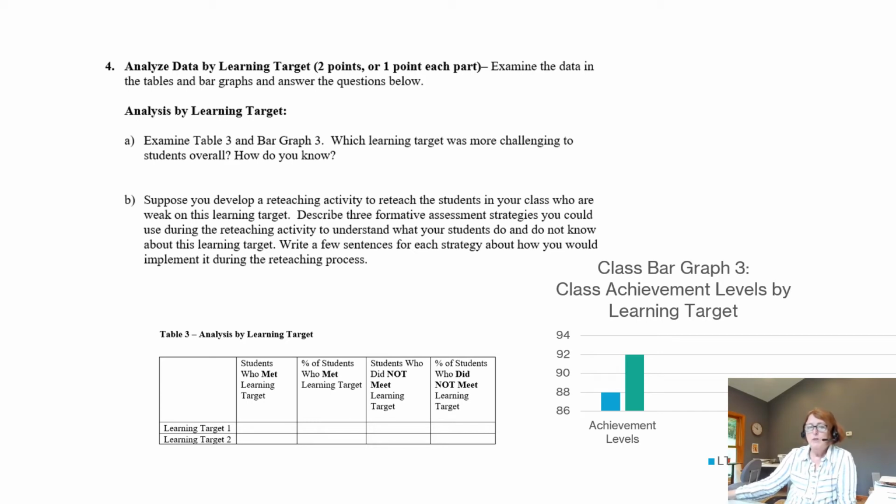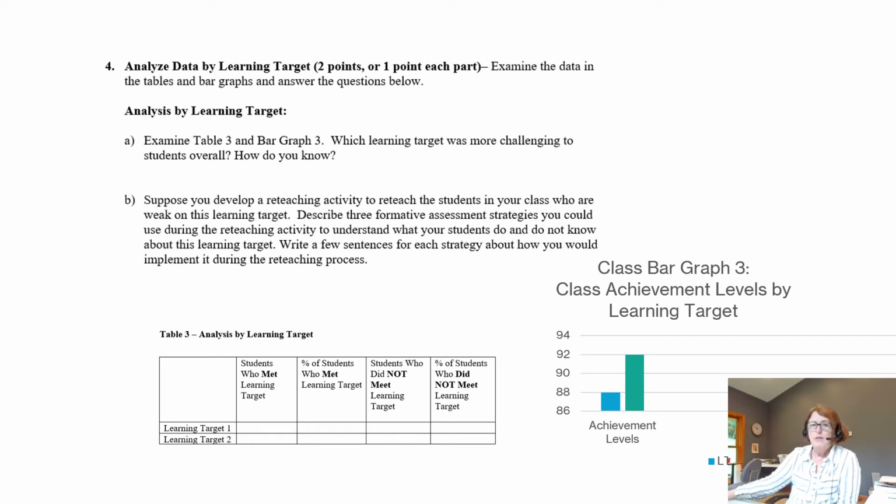So what I want you to do instead is describe 3 formative assessment strategies you could use during the reteaching activity. So you're going to write about how you would reteach it and what 3 formative assessment strategies you would use. So focus on what you think they might be weak in and how would you know they're getting it this time.